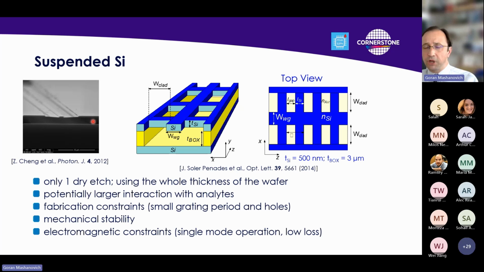What we have done in collaboration with University of Malaga and NRC in Canada, and which is now, you can now send your designs to Cornerstone and get some chips, is a different approach where we have these holes very close to the waveguide. However, these gratings, as you can see on the side, are so-called sub-wavelength gratings, so they're much smaller than the operating wavelength.